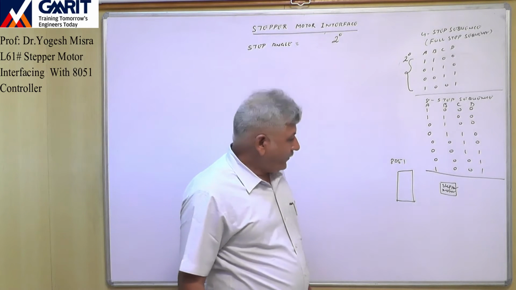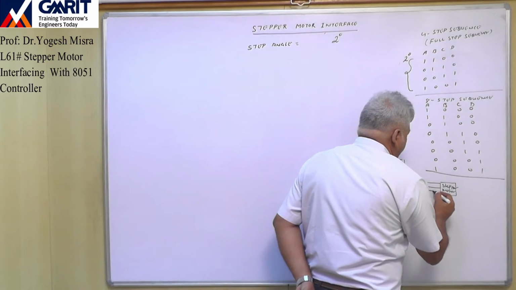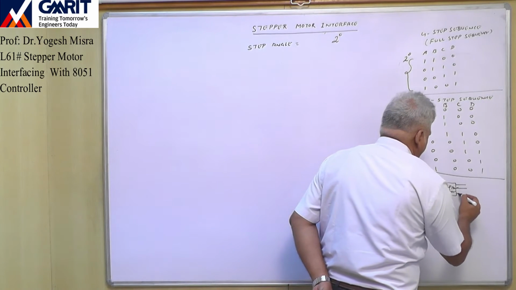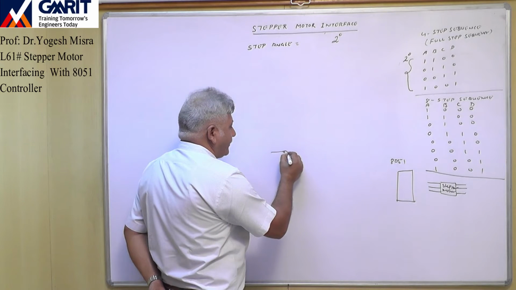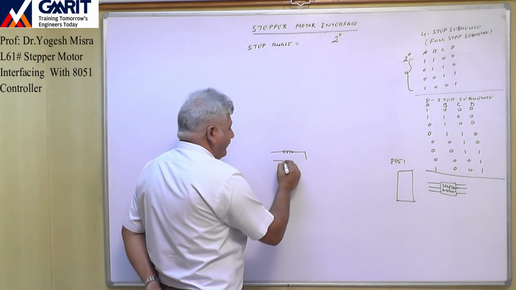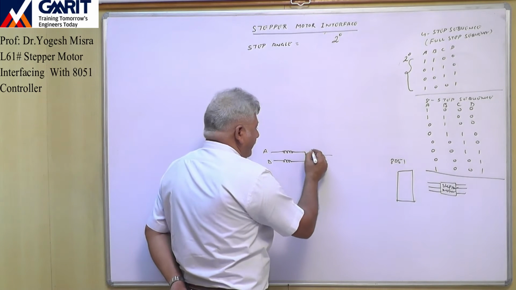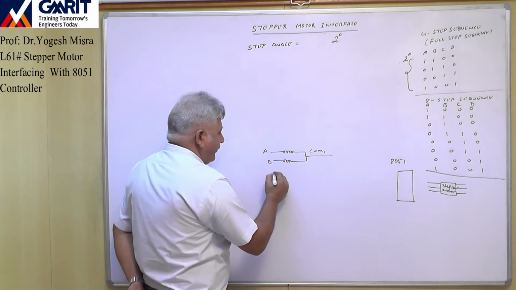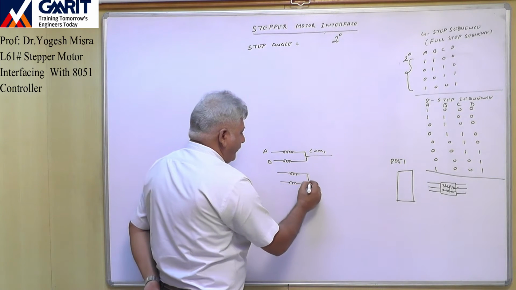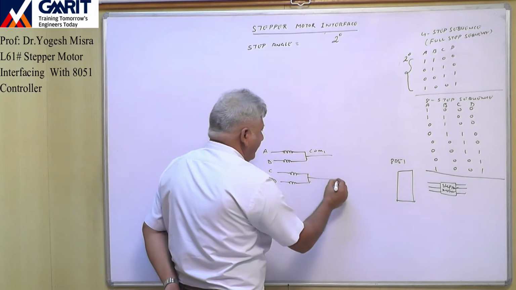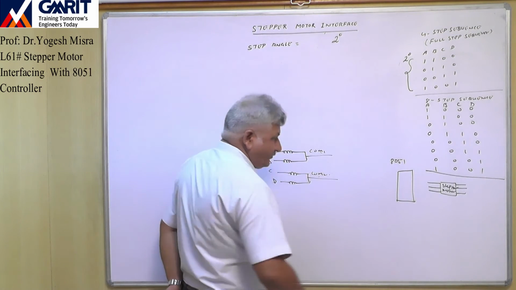Now in stepper motor, there may be 6 wires because in last lecture we have just seen that A, B, common, C, D, common, right? So 1, 2, 3, 4, 5, 6.